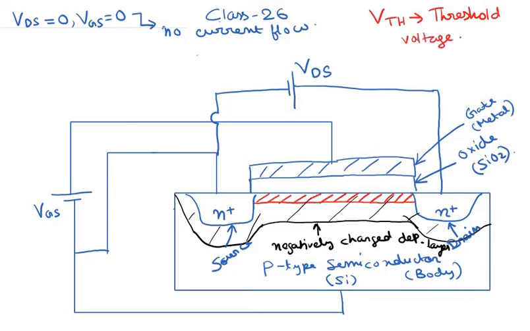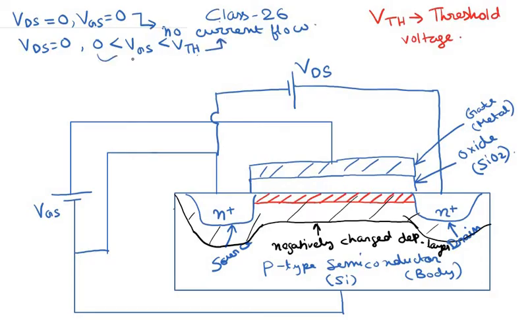If VDS is 0 and VGS is between 0 and VTH, then still no current would flow.